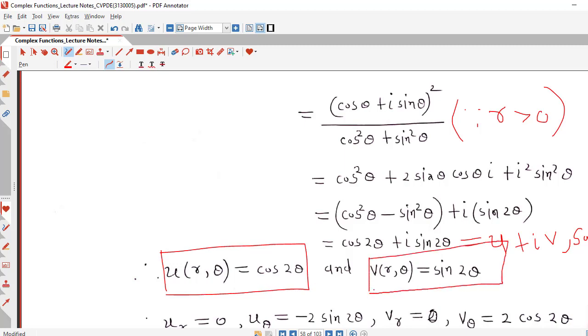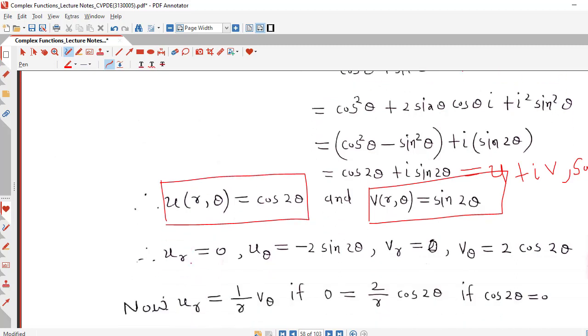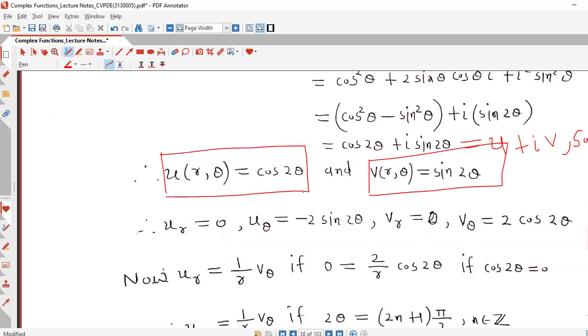Now we have to check Cauchy-Riemann equations are satisfied at which points. So for that we have to find out partial derivatives of u and v with respect to r and theta. So del u by del r is, here there is no term which contains r, so cos 2 theta is constant while we are differentiating with respect to r. So del u by del r is 0.